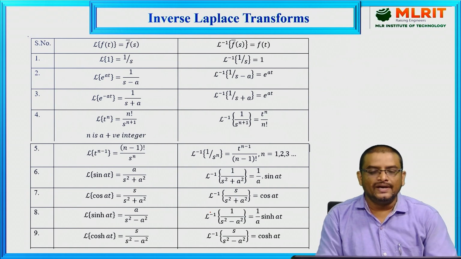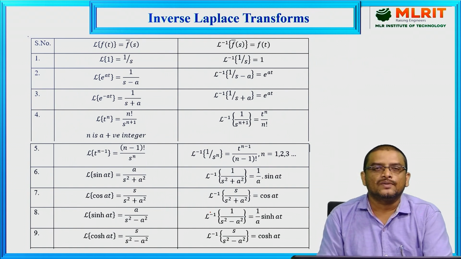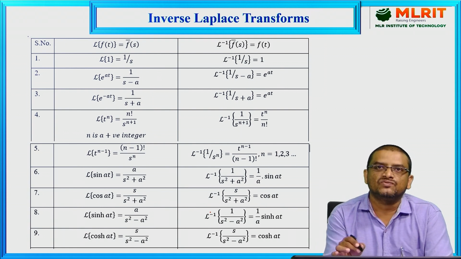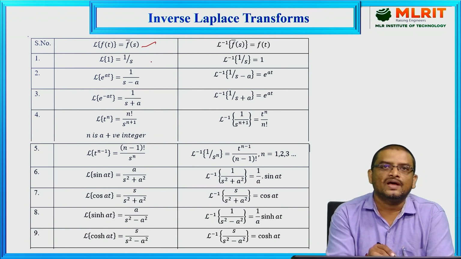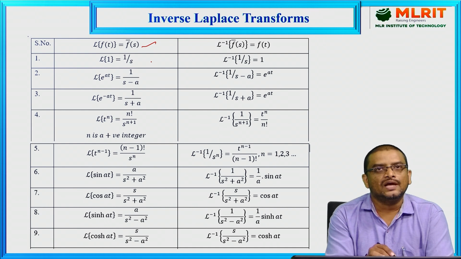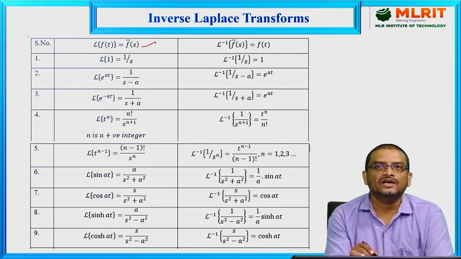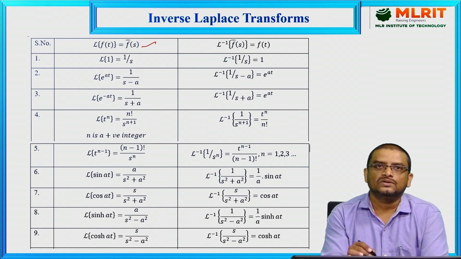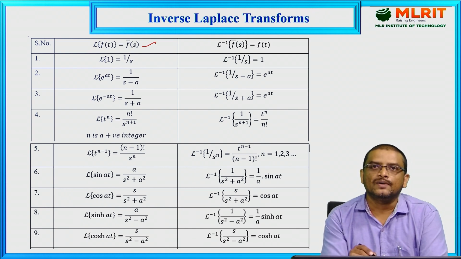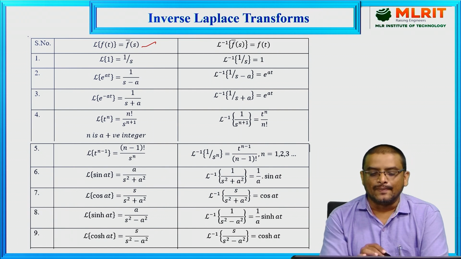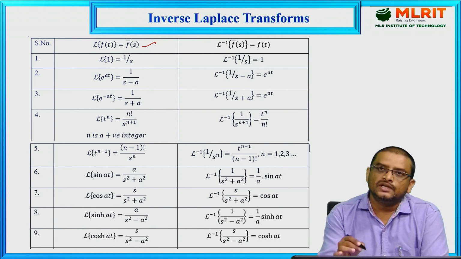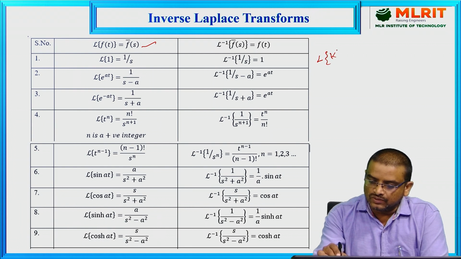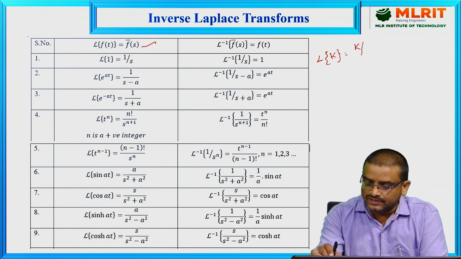Now let us take some important formulas in the inverse Laplace transform. No need to worry about these inverse Laplace transform formulas. We can take the help of Laplace transforms, and by using those Laplace transform formulas, we can get the inverse Laplace transform formulas. First we will take one example: how can we derive the inverse Laplace transform by using the Laplace transform? In the previous videos we derived the Laplace transform of k is equal to k by s.